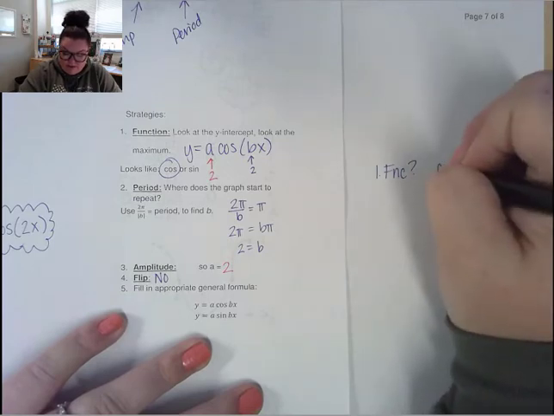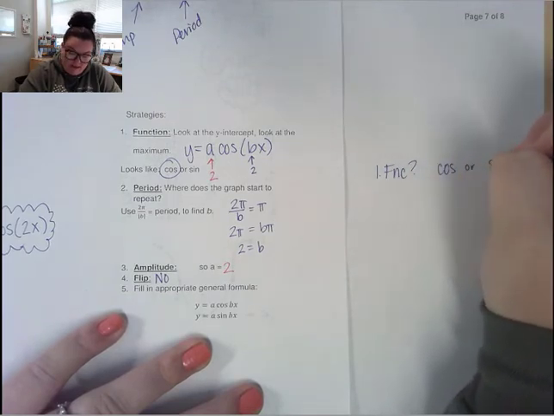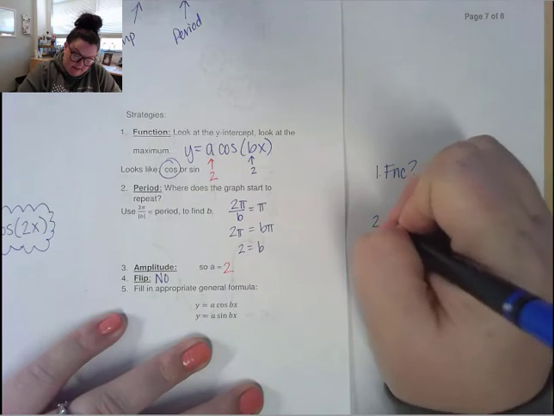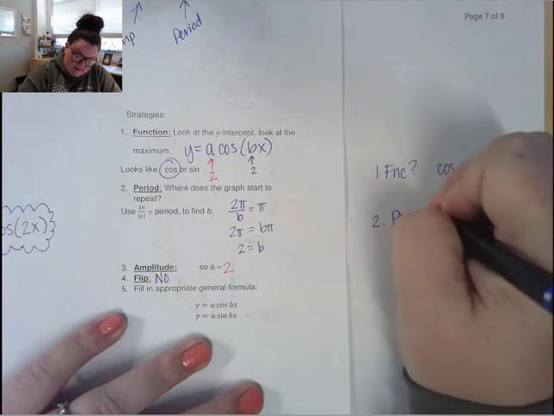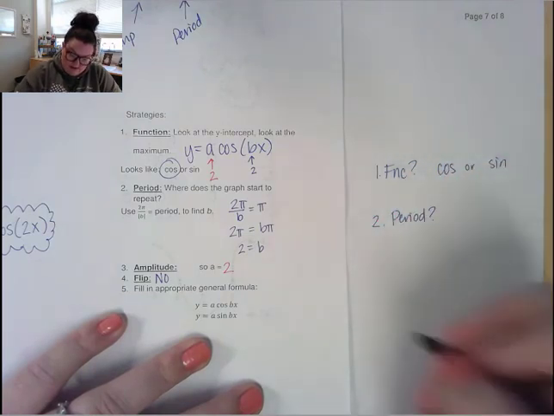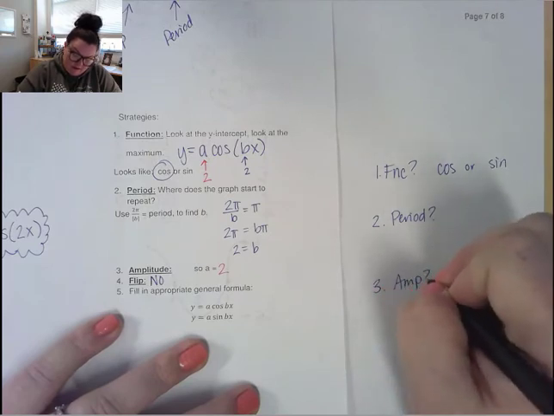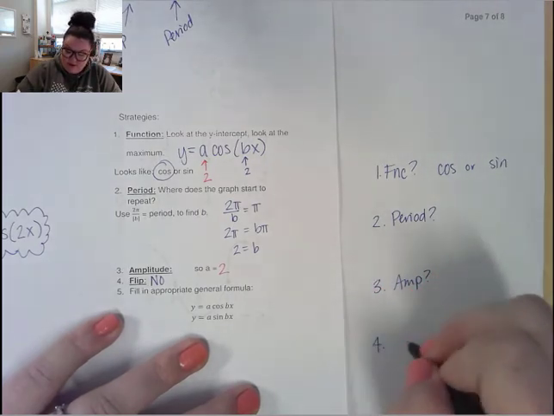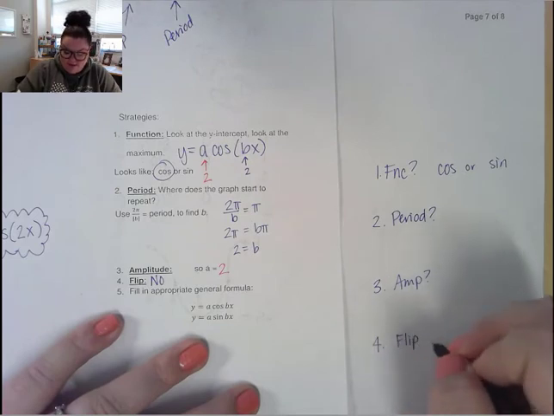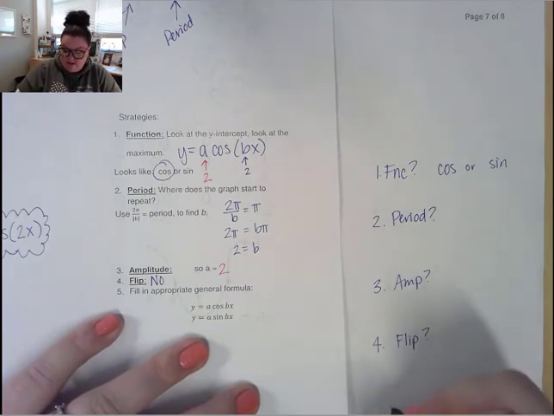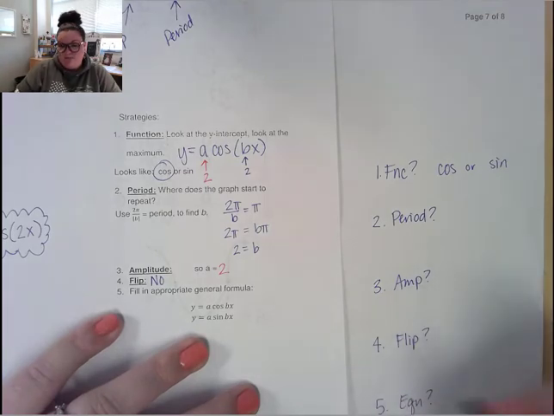We want to know, is it cosine or sine? Then the second thing, we need to find the period. And then the third thing, we need to find the amplitude. Then the fourth thing is we want to know, is it flipped? And then the last thing is we write our equation.